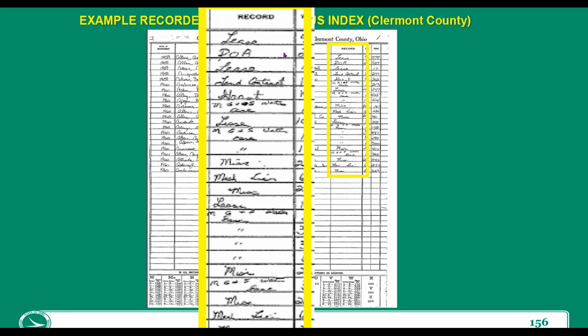And I apologize, it's hard to read, but you can see here we have a lease, a power of attorney, a lease, a land contract, a grant, a water and sewer lease, an easement, looks like another water and sewer lease, just says miscellaneous. Mechanics lien, lease, something, I can't even read that, so I would have to go look those up.